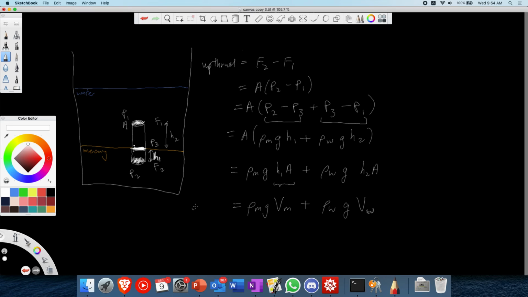So the upthrust of an object that is submerged in two liquids, in mercury and water, is simply the sum of their densities times g times the volume in which the object is submerged in each liquid. I know this final answer seems a bit short.